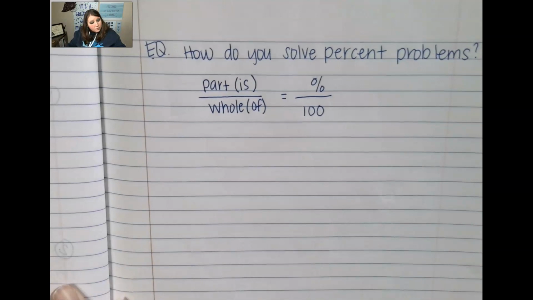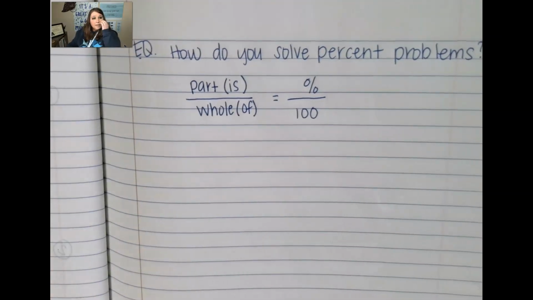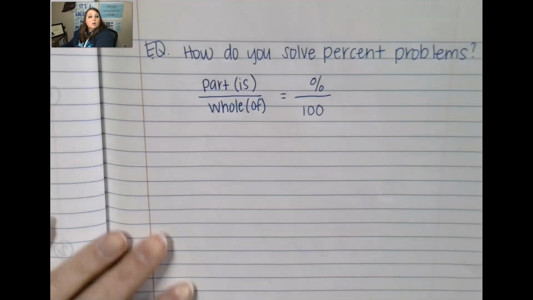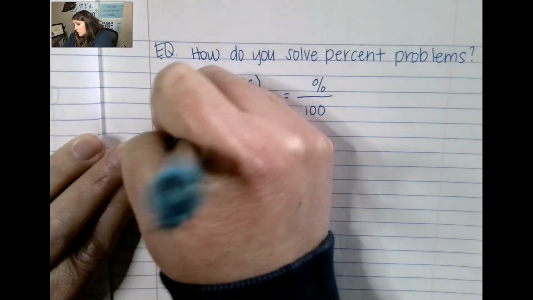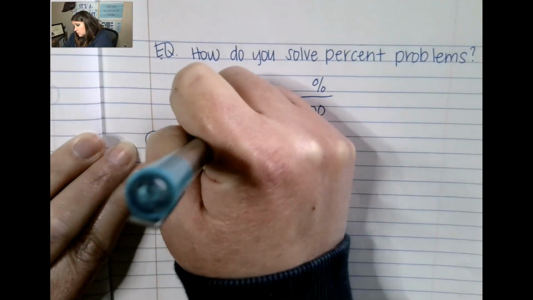So, for example, this first problem says that you win an online auction for concert tickets. Okay, so example A is some concert tickets.